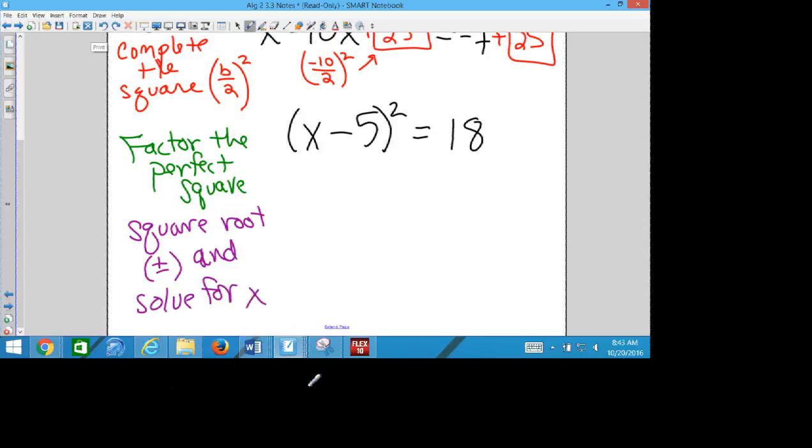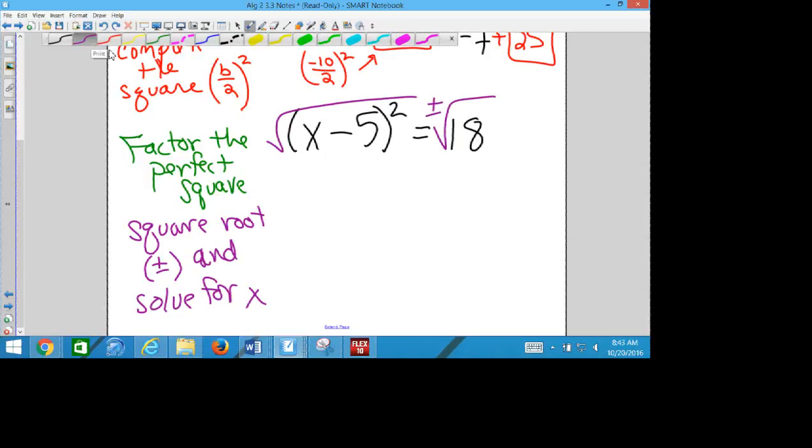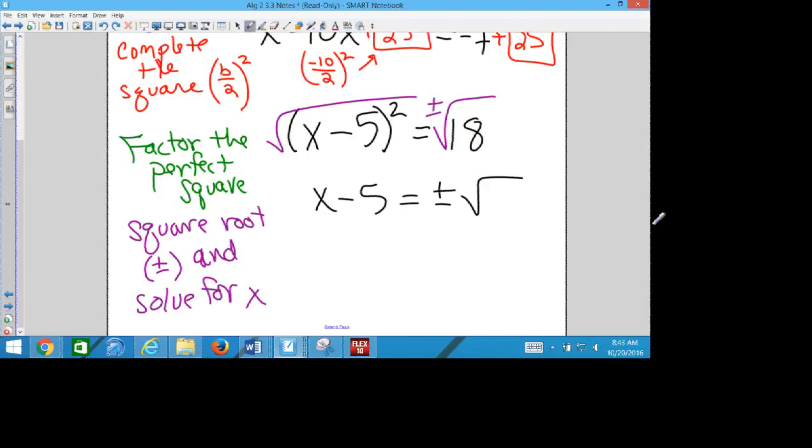So we're just going to finish it out from here. We're going to square root both sides and put in our plus minus. So x minus 5 equals plus minus square root of 18.